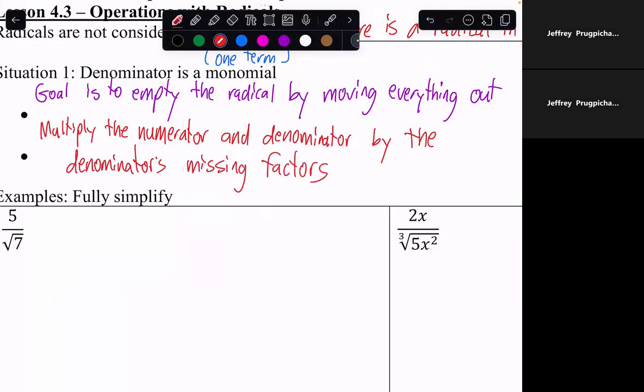Okay, so you're going to figure out what you need to multiply the denominator by. And we know that with all fractions, if you change the bottom, you have to change the top equally.